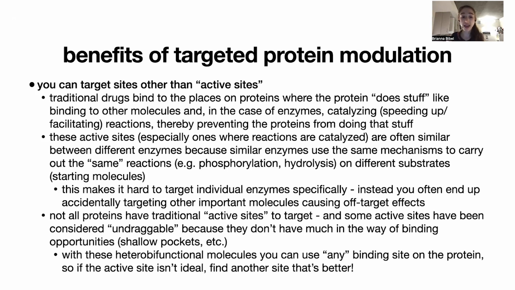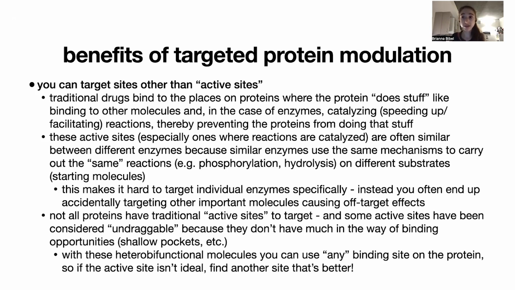And the sites other than the active site can traditionally be harder to bind to. Also, because we can target non-active sites, we can then target proteins that don't really have active sites. Maybe they have a site where they bind something, but they don't really have an active site, or other things like that.